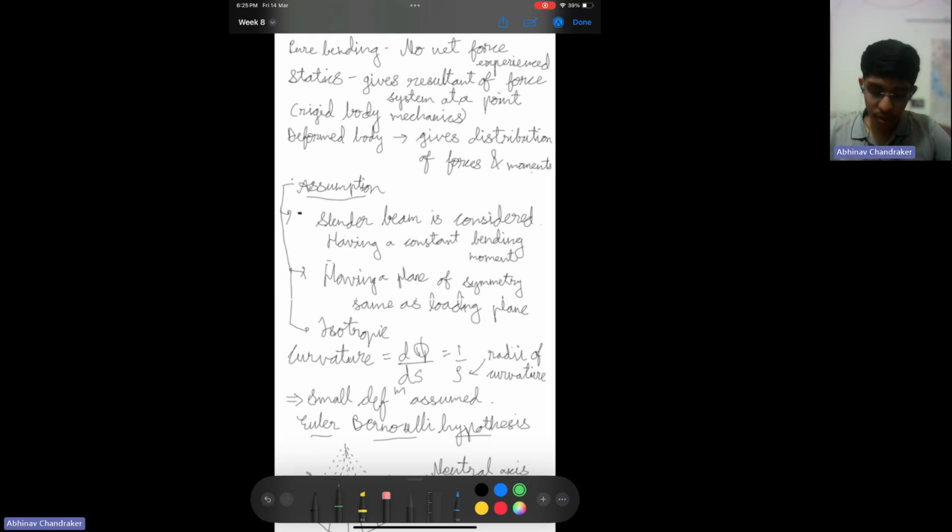So earlier, when we were studying torsion, it was said that we'll only be considering slender members, which means that the lengths of the members are much larger than the cross section area.